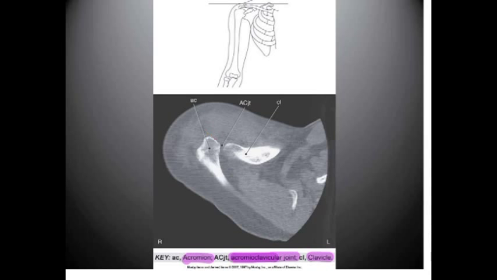So on this image, we have the acromion, and we have the AC joint here, and the acromial end of the clavicle here.